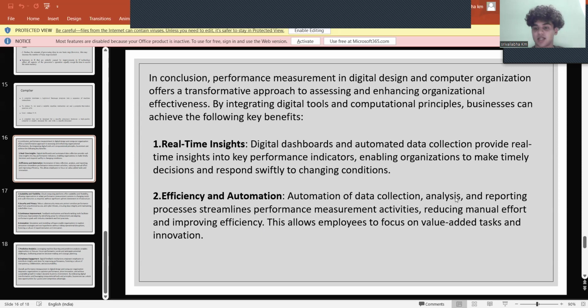Efficient automation means how the processor works, and if it is efficient, it can be automated. This allows employees to focus on the task and innovation by improving the efficiency.